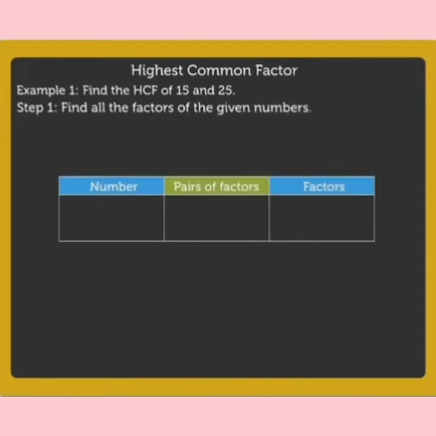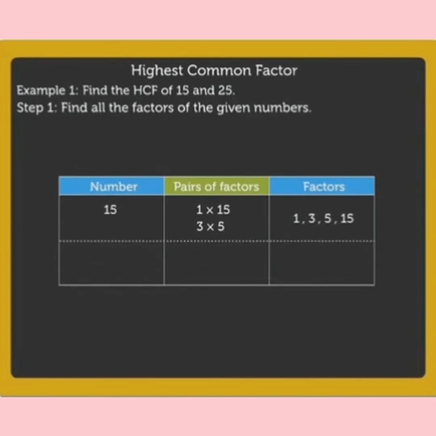Here, the pairs of factors of number 15 are 1 into 15 is equal to 15. 3 into 5 is equal to 15. Thus, the factors of 15 are 1, 3, 5 and 15.